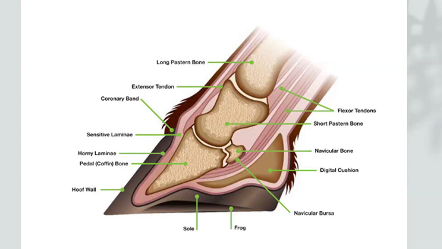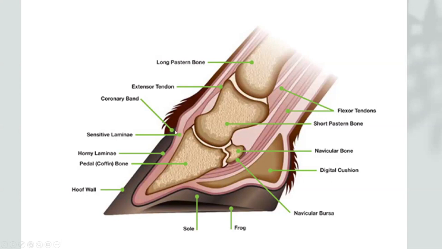As we get towards our HB, we're going to get more specific into all of that sensitive lamina and how that Velcro action works to hook that coffin bone to that hoof wall. I've got some good anatomical specimens that hopefully one day we can get together in person and look at in real life, and get a better idea of how all of this anatomy fits together.